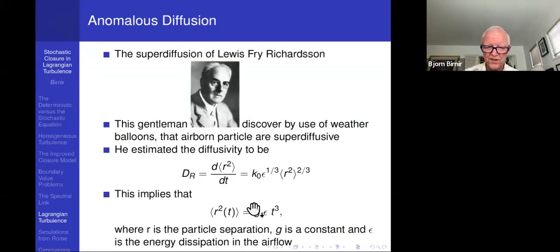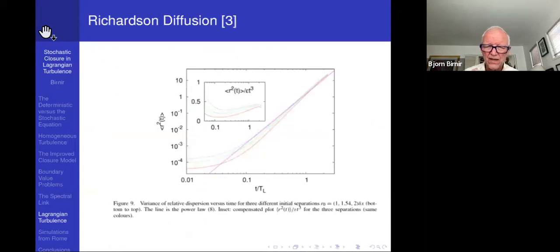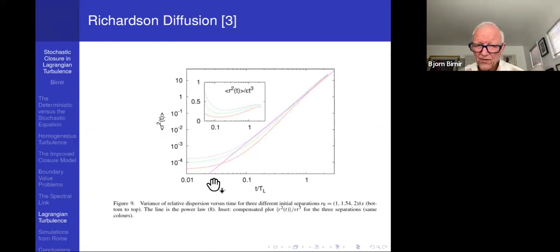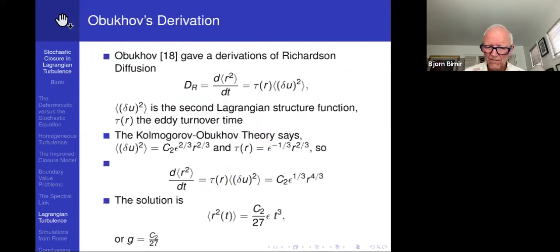And if you look at this experimentally, the straight line is the t cubed law. If the particles are very close together, it takes them a little while to approach this super diffusion. But if they are further apart, they go quickly to this super diffusive case. So this is well supported by experimental evidence.